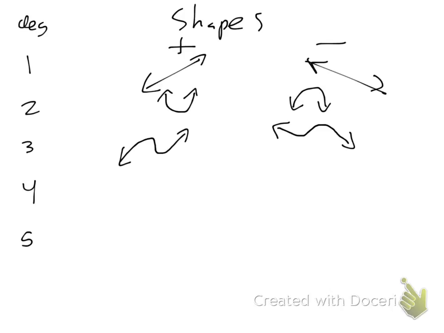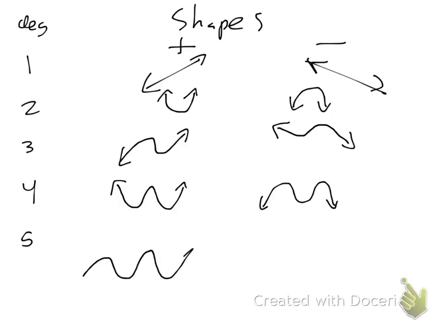Now we're going to go a little bit deeper and say, what's happening in the middle? Fourth degree, it's a W shape or an M shape. Positive W, negative M. And a fifth degree starts low and ends high, but it has 4 changes in it.